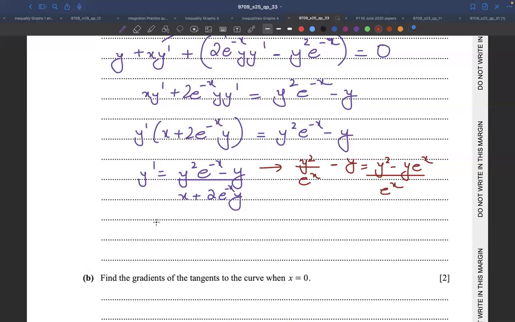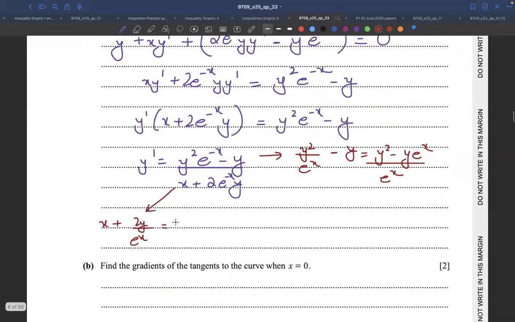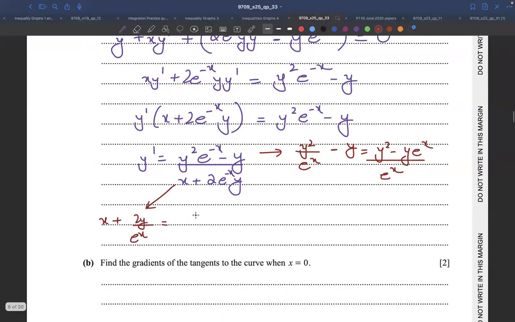Similarly, let's simplify the denominator. This will be x plus 2y upon e to the power x. Taking the LCM, do we have x e to the power x? Yes, we have x e to the power x. So we'll get x e to the power x plus 2y upon e to the power x.